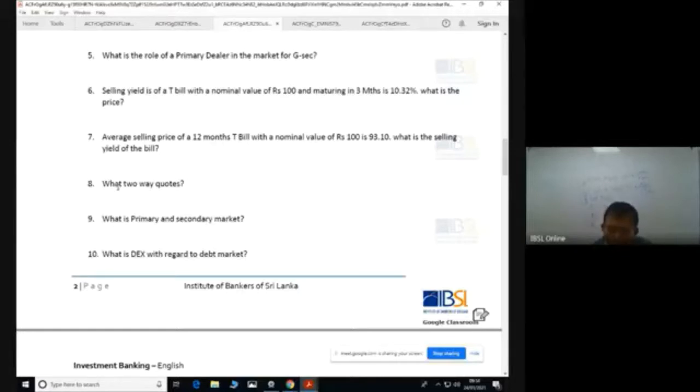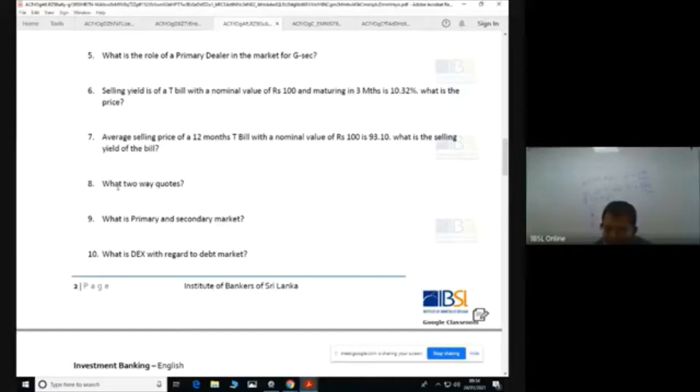Now, the only difference you have to keep in mind under these two-way quotes is that in relation to government securities they go as percentages. Proprietary trading or a foreign exchange transaction goes as figures. Buying, selling. USD LKR 180, 190 in rupee terms.